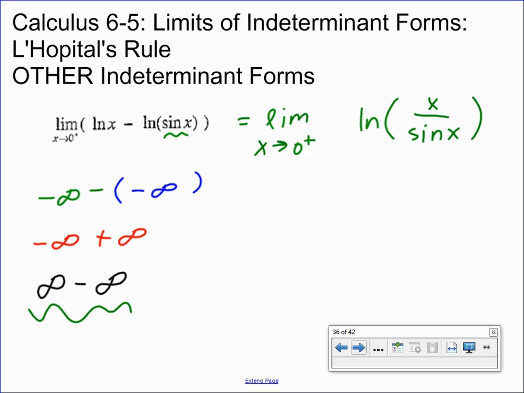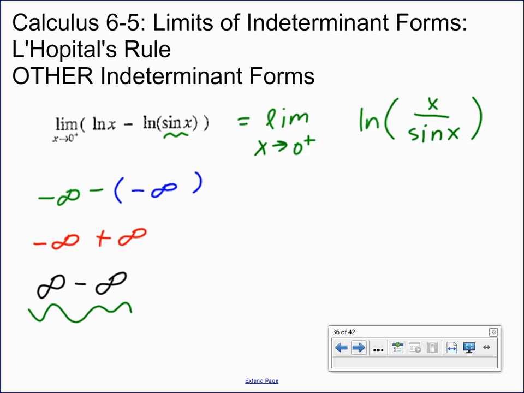Awesome. Let's try again. As x approaches 0, x goes to 0, and sine of x goes to 0. I get 0 over 0, so I'm getting an indeterminate form in here. However, I'm asked to evaluate the limit of the natural log of 0 over 0. And so what we're going to do is use the last thing on your sheet, underneath corollary number 2, the function limit interchange theorem.